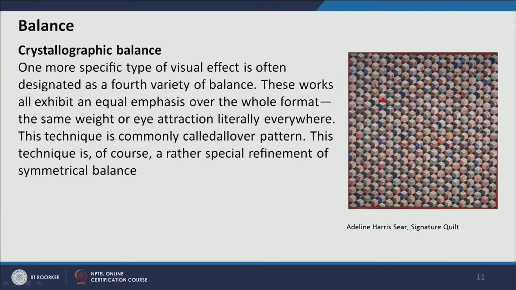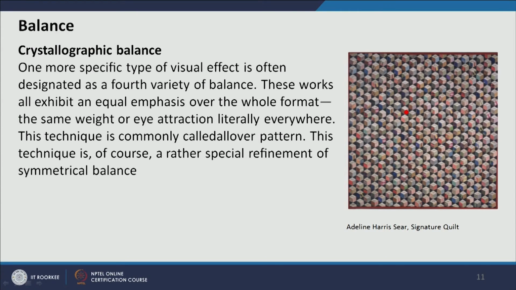Here we can see there are a lot of cubes which have a 3D effect, and we read each and every element individually, whereas in pattern we read the image holistically. In pattern it is a big picture view, so we don't see the smaller elements first; we recognize the big picture pattern first.